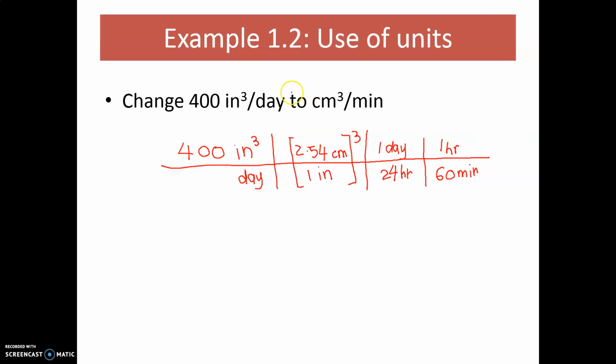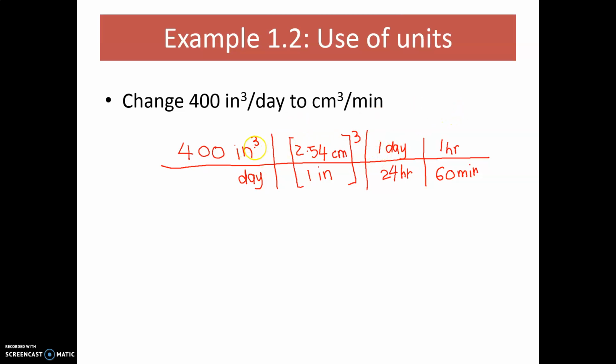So you can see here the way I arrange it. For inch, if you want to cancel out inch, so the other inch should be at the bottom, this is on the top, and for day this is at the bottom, so I will have to put it in the opposite position. This is at the bottom and this is at the top, so that we can cancel it out.